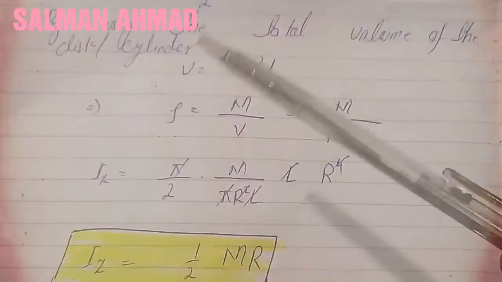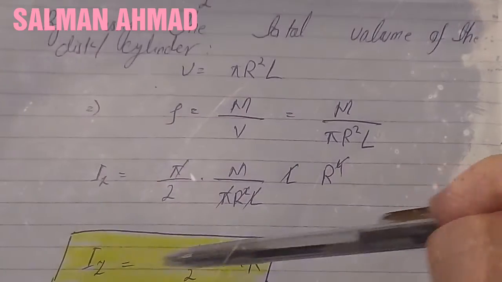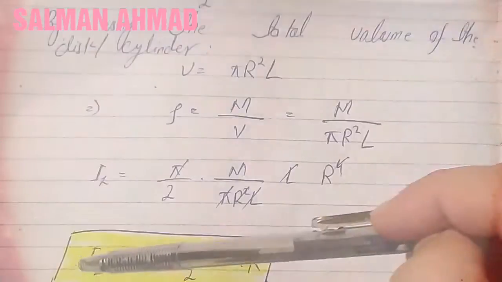Meaning if you have a flat disk or a long cylinder, then both will have the same moment of inertia.